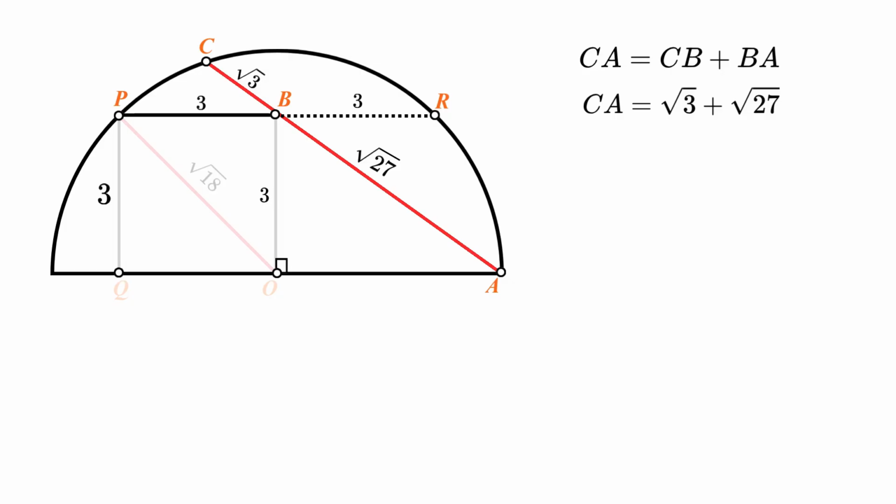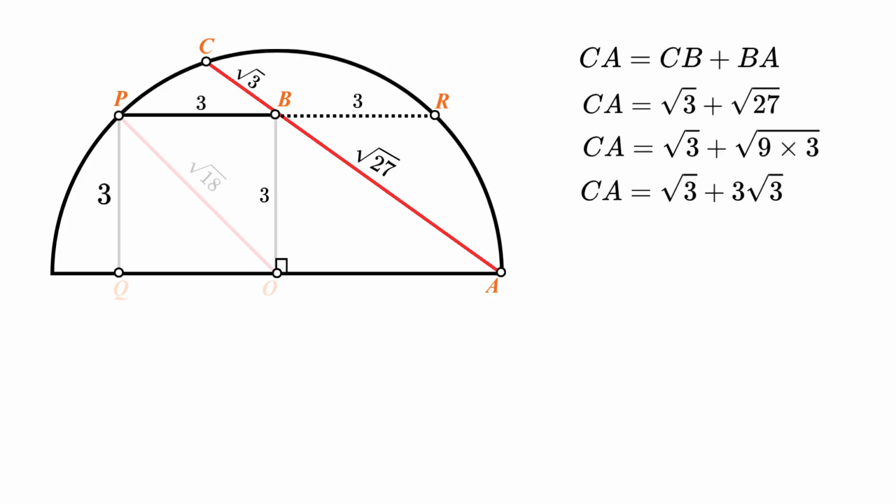Now, let's simplify the square root of 27. Square root of 27 equals square root of 9 times 3, which equals 3 times square root of 3. So, x equals the square root of 3 plus 3 times the square root of 3, which equals 4 times the square root of 3.